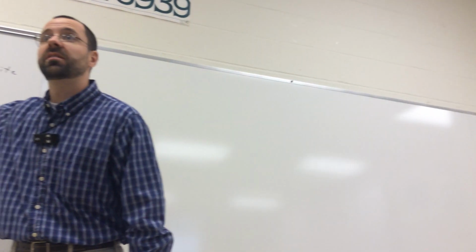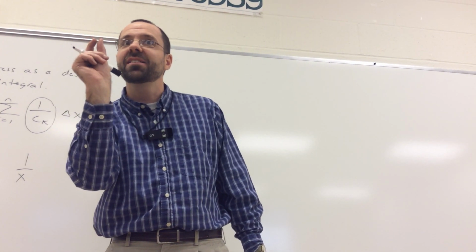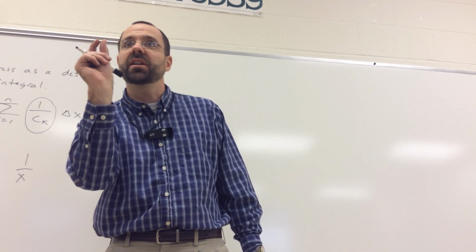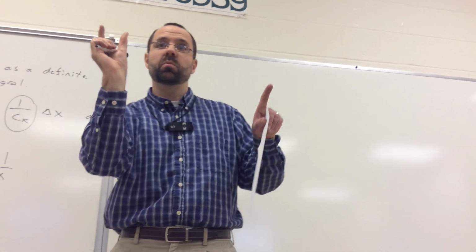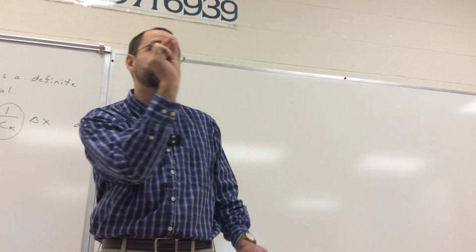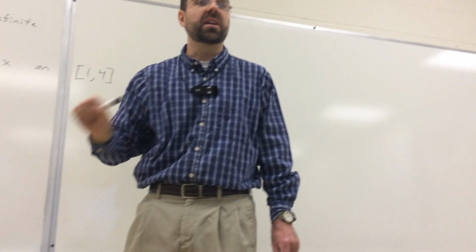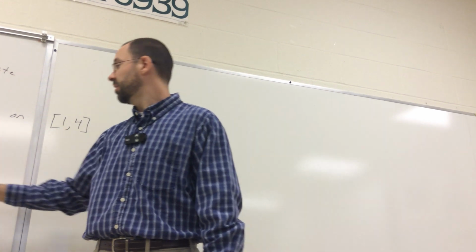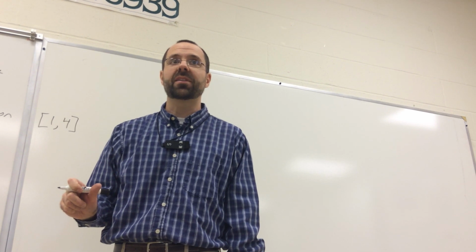Okay, but when you do this, the rectangles are going to get infinitely thin, right? Just like Bryn talked about earlier today. So eventually, when you're doing 1,000 rectangles, they're going to be tiny. So when they get infinitely thin, we don't call them change of x, we call them dx. So dx is an infinitely thin width.